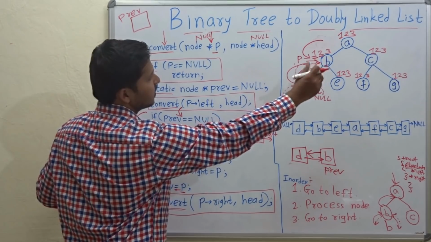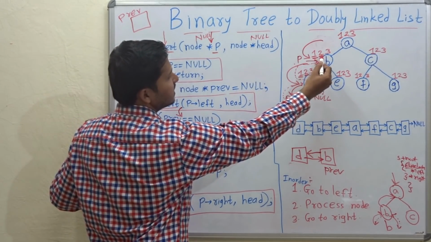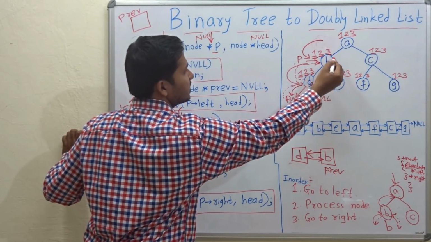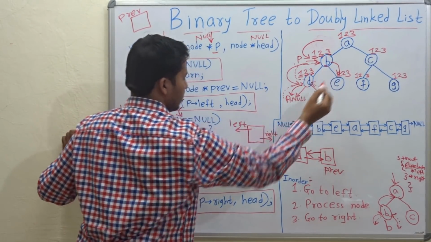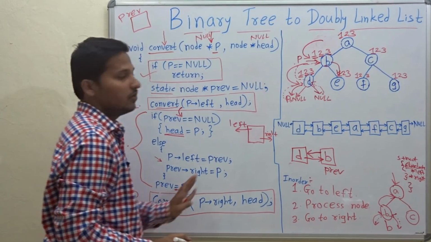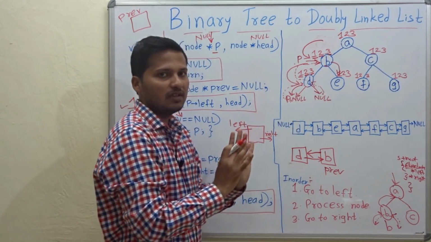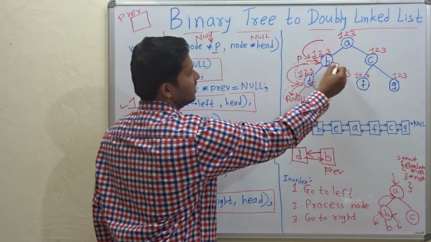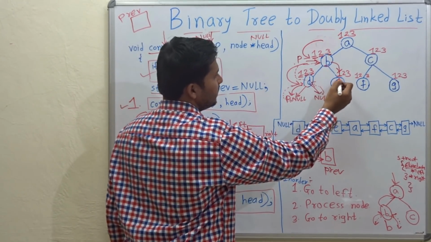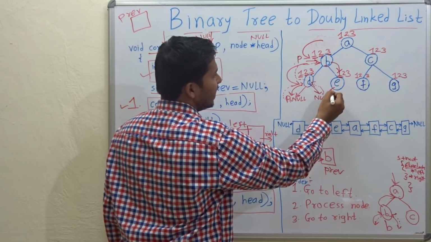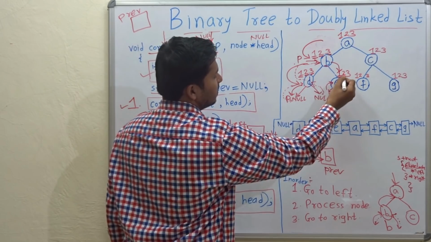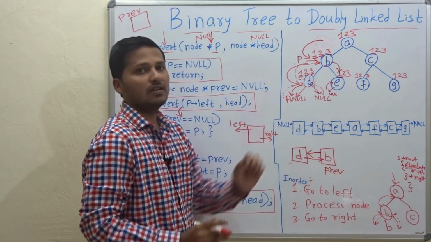So here, for B the second step is over. We are going to the third step. So the third step is going to the right. Now we will not see the code. We will directly perform the steps here as you remember these steps now. So now let's go to the right. For E the first step is go to the left. Left is null. So come back. Then the second step is process the node.